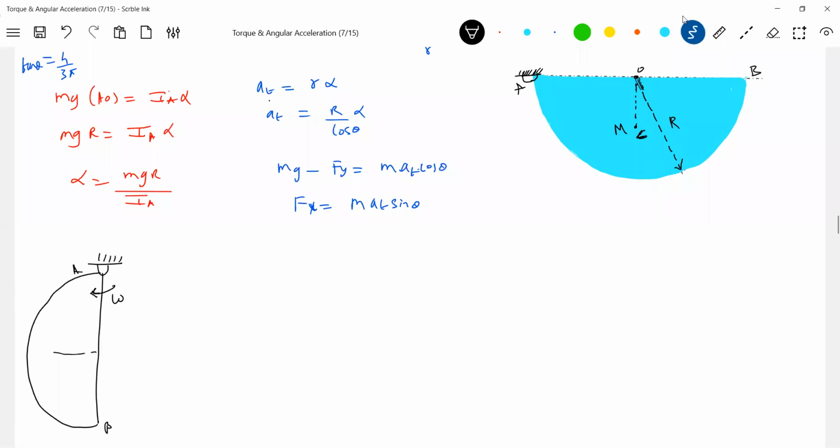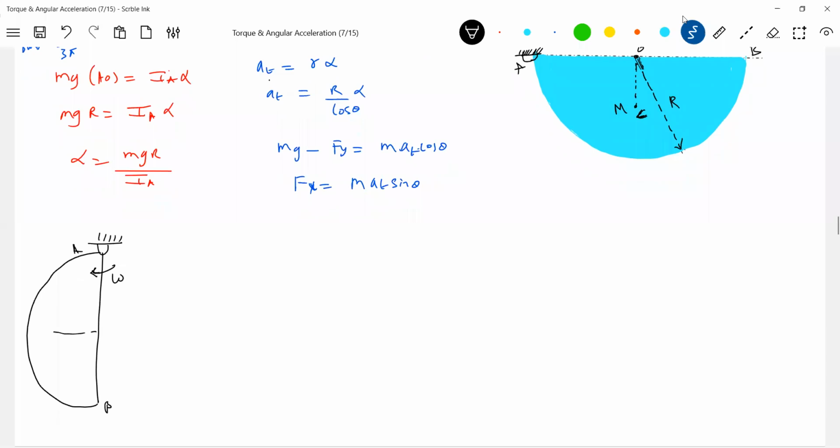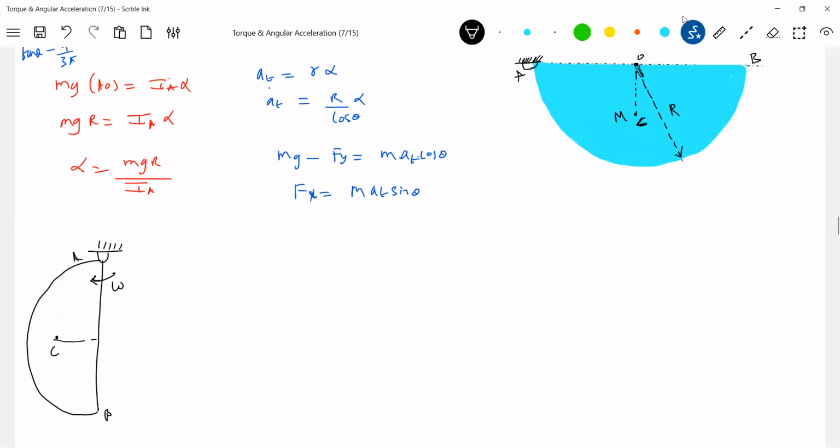How to calculate this? Center of mass is here, no? So for this, what are you going to write? How much height has it descended? So earlier it was here, no? I'll just help you with the diagram. The center of mass is here.